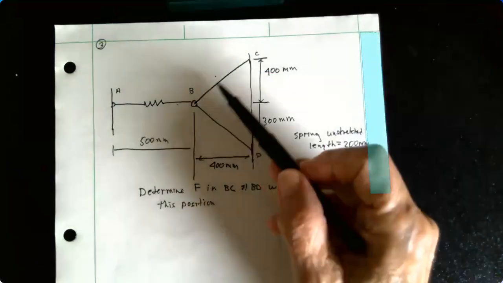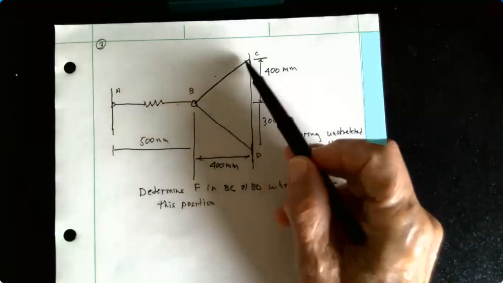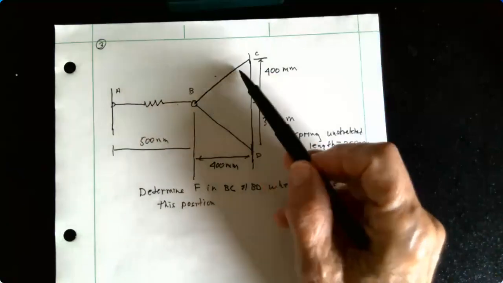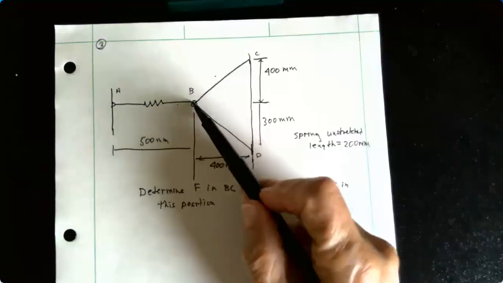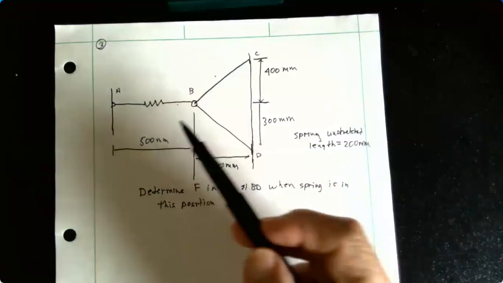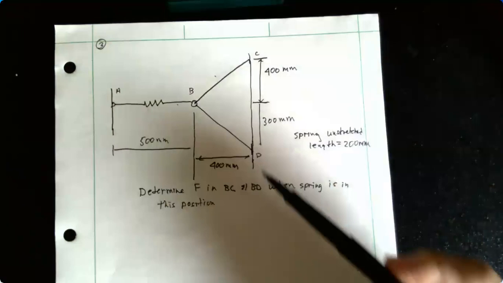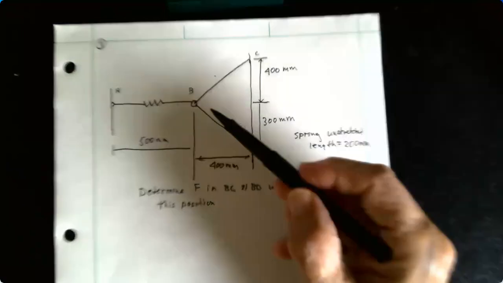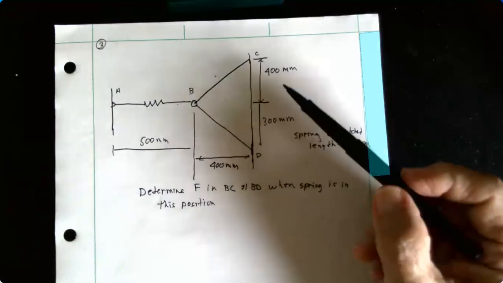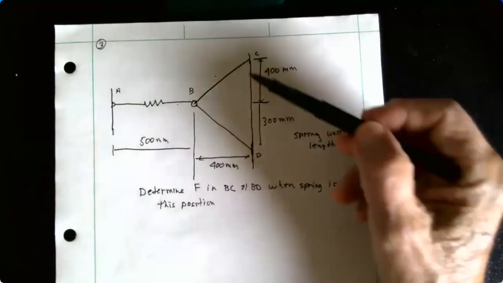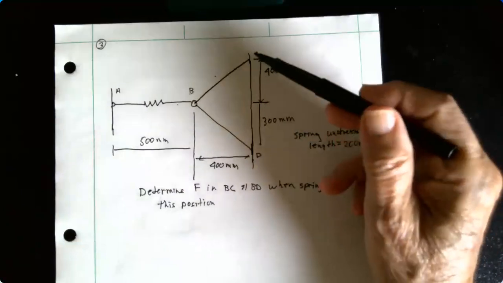Suppose we have some wire or cable, maybe probably something up here. Doesn't matter what the material is at this particular point. They're all attached at this point B. Here's the spring. And we have these two members, BD and BC, attached to some wall system, some support system over here.